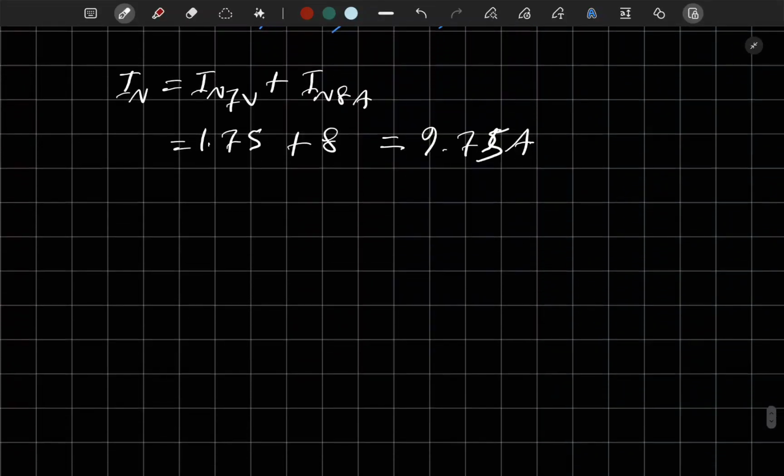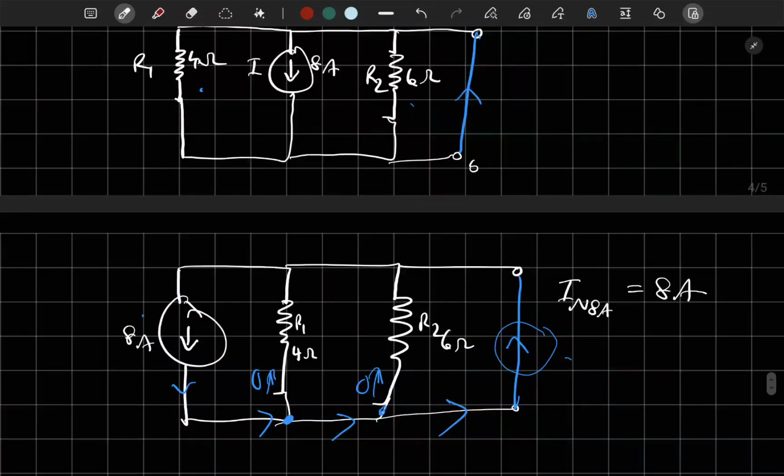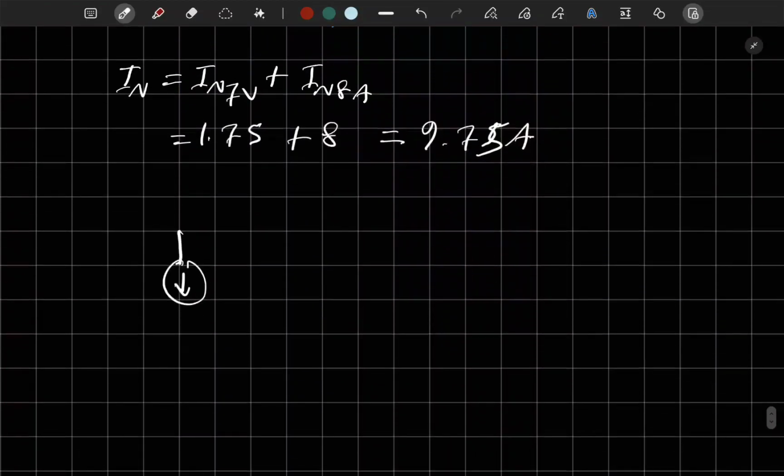Okay. Now we can draw the equivalent Norton circuit. So that's a Norton's current facing downwards. Why? Because the source was facing downwards. And then we will have a resistor in parallel and the load terminals are RL.